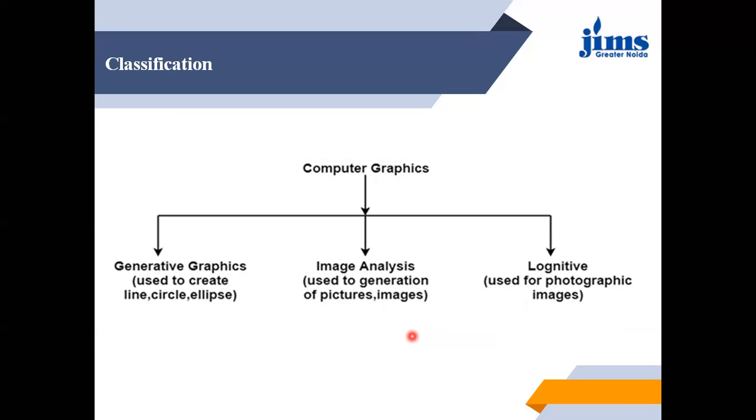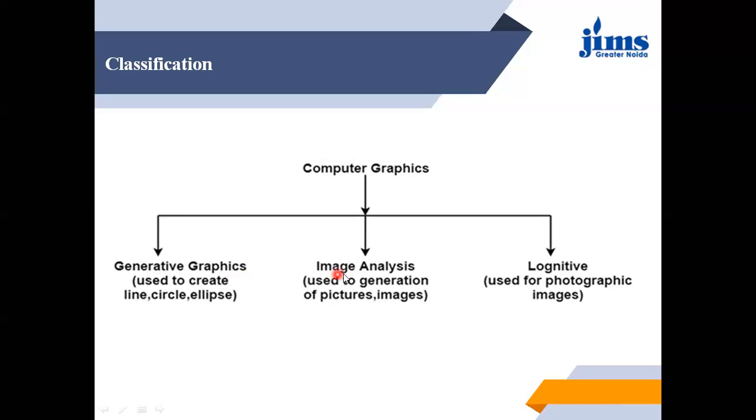On another scale, we can classify computer graphics into three categories. First is generative graphics, in which we can create line, circle, ellipse. We will discuss these line, circle, and ellipse in scan conversion.